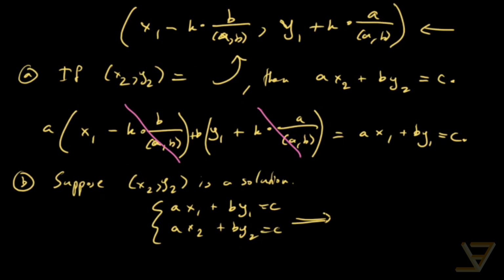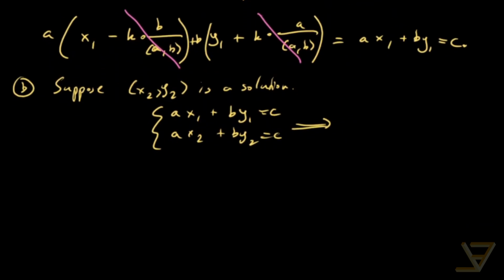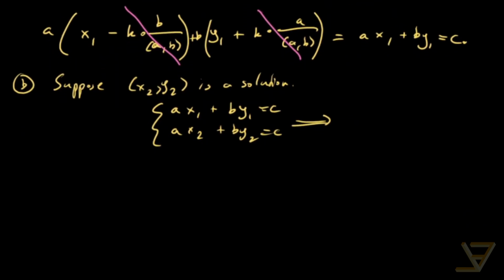So we're going to subtract them, and by subtracting them we get that a times x1 minus x2 is equal to b times y2 minus y1, and then we're going to divide by the GCD of a and b, and you'll see why in just a second.